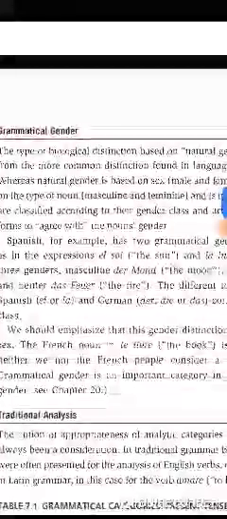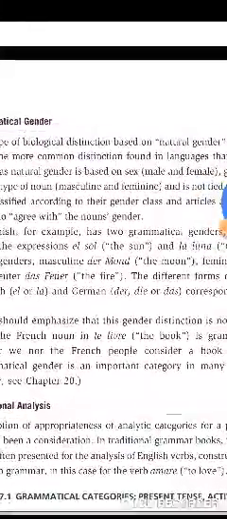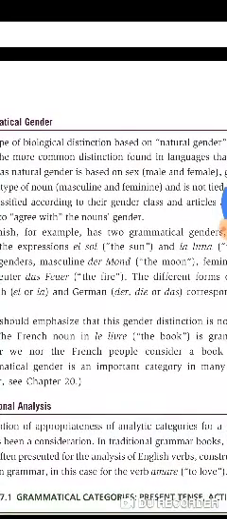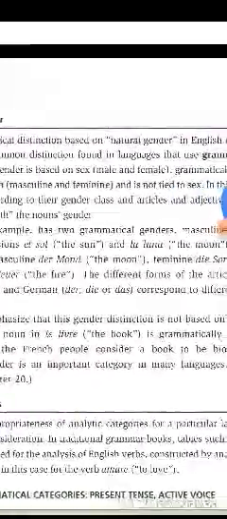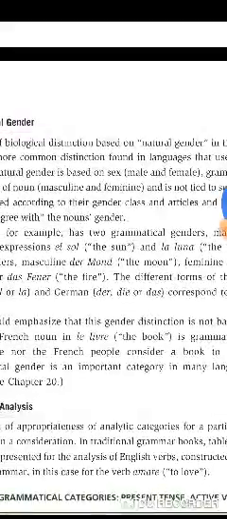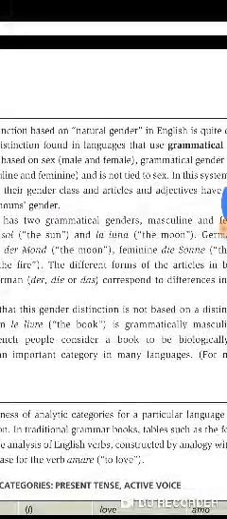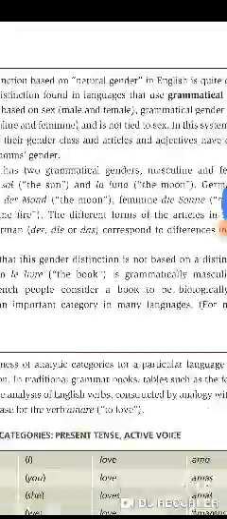As in the expressions, el sol is the sun, which is masculine, and la luna means the moon, which is feminine. Okay?